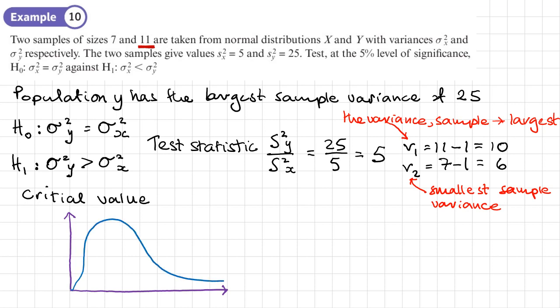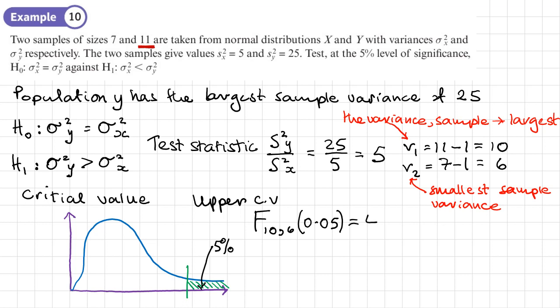I've made it an upper tail test at 5%, so this area at the top here is going to be 5%. So I want an upper critical value, and that's going to be from an F distribution with 10 and 6 degrees of freedom at the 5% mark, because it's always on the right hand side.